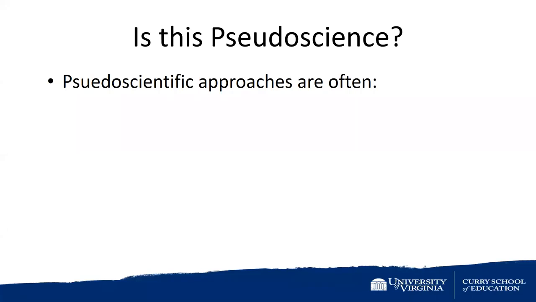So in the beginning, as we began to learn about intellectual and developmental disabilities, there were a lot of what we call pseudo-scientific approaches out there, approaches to treatment and therapy that weren't really based on evidence.